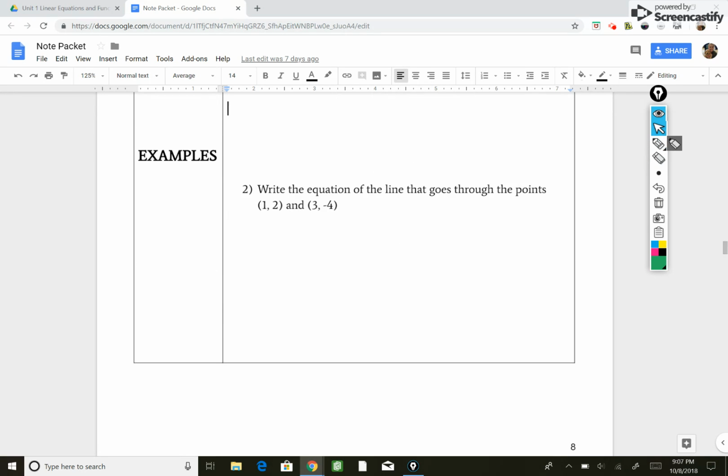So for number 2, it tells you to find the equation that goes through 2 points. So technically right now we don't have the slope. So the first thing is you have to find the slope using the slope formula. My slope formula would be -4 minus 2 over 3 minus 1, which would give me -6 over 2, which is -3.